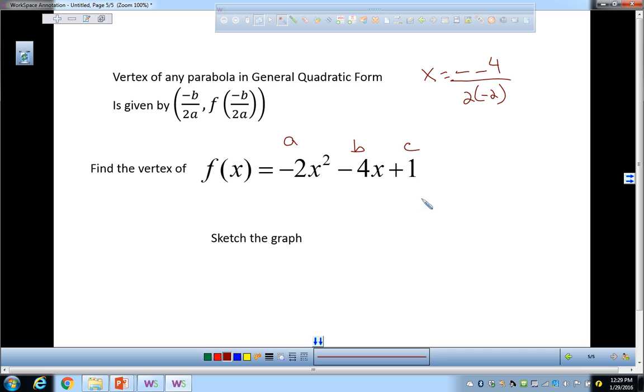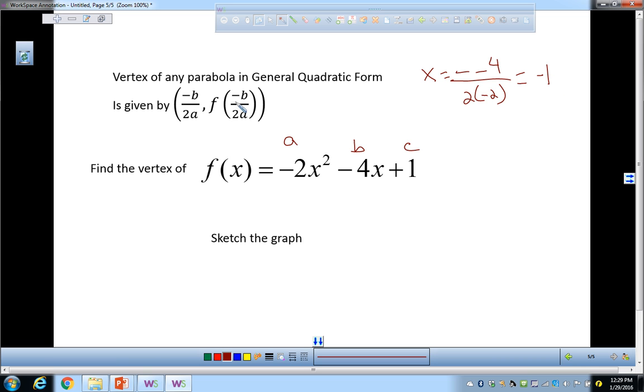With me there? What's negative 4 divided by 2 times negative 2? Negative 1, okay? So that is the x-coordinate of your vertex.